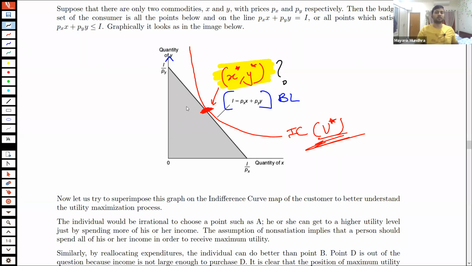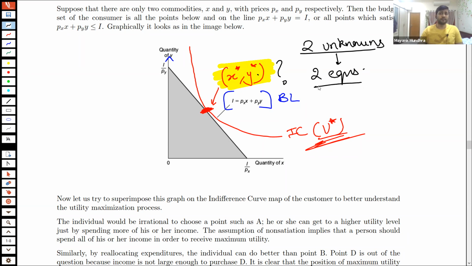This is the question. So in general, I need to find these two unknowns. And our knowledge from system of equations tells us that in order to find two unknowns, we need two equations. Right, we need two equations. Now, how do I find these two equations?